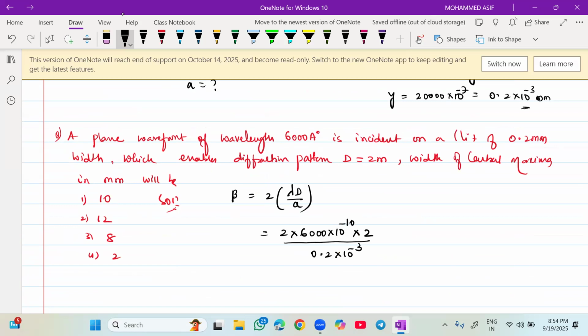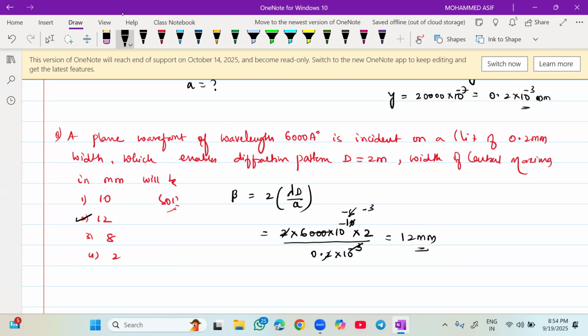See how much I'm getting right now for this one. This 2 will get cancelled. So this will be equal to 3, and this will be 10 power minus 6. This will go here right now, equal to minus 3. That means this will be 6 to 12. It will be your 12 mm.